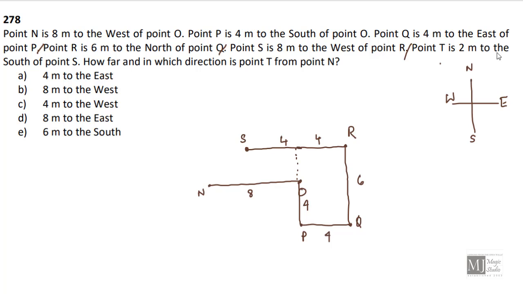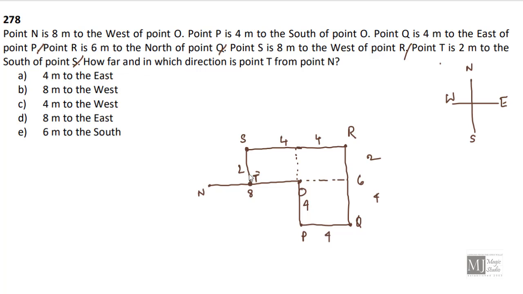T is 2 meters to the south of S. This is 4 and this is 6. That means T should lie on the line joining N and O. 2, because this is 4, so this must be 2, as the total is 6.